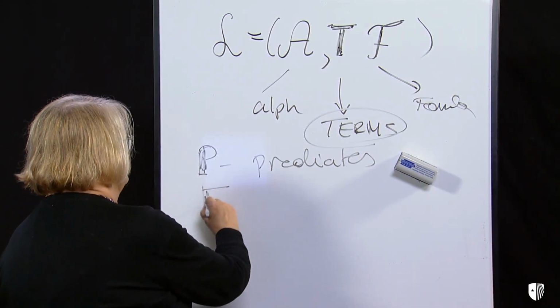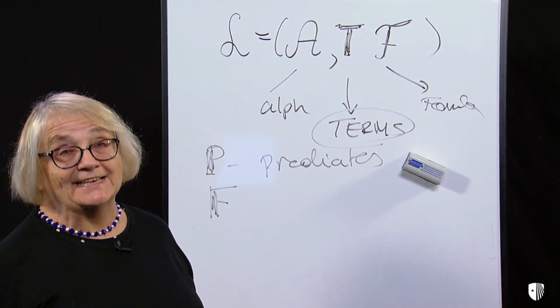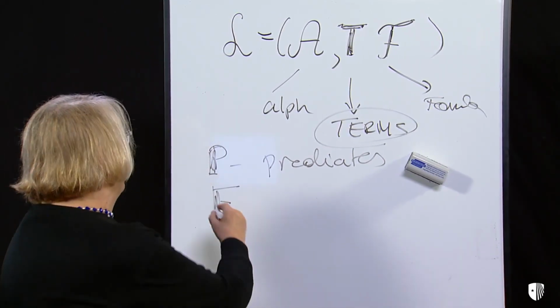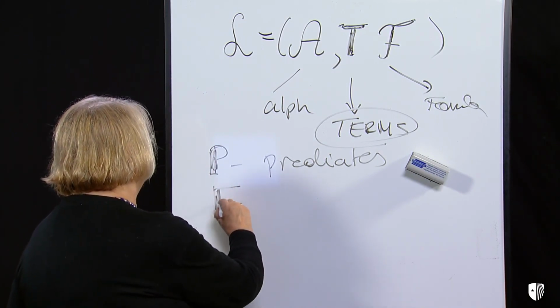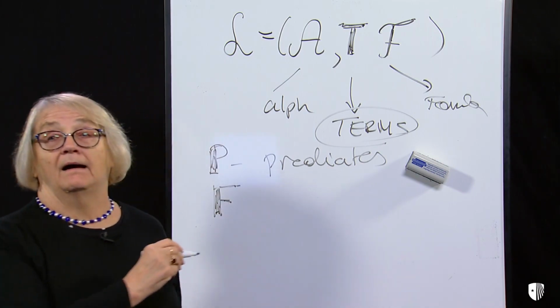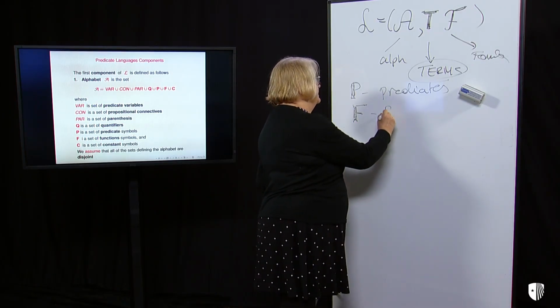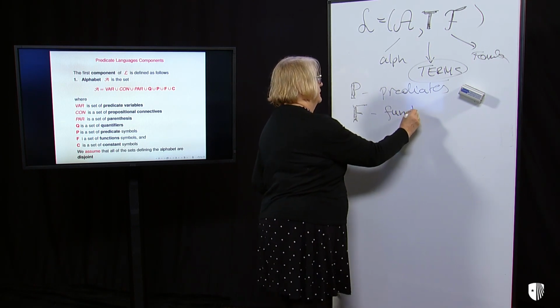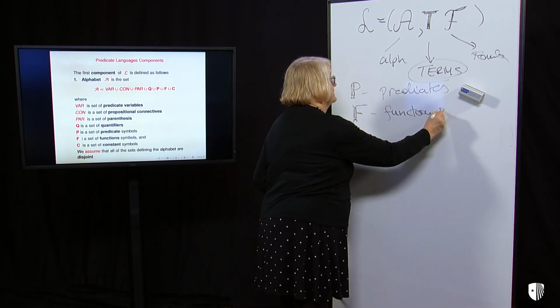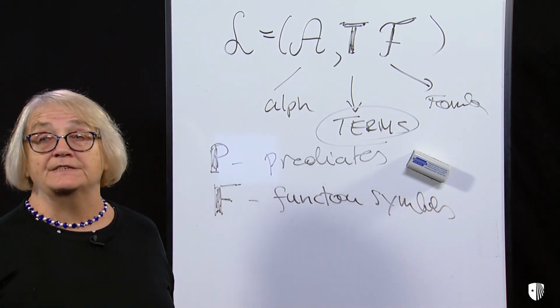P predicates correspond to relations in the real world. F is a set of functions, or functional symbols, which correspond to the functions.